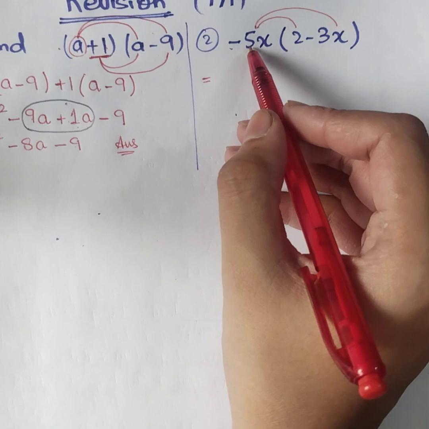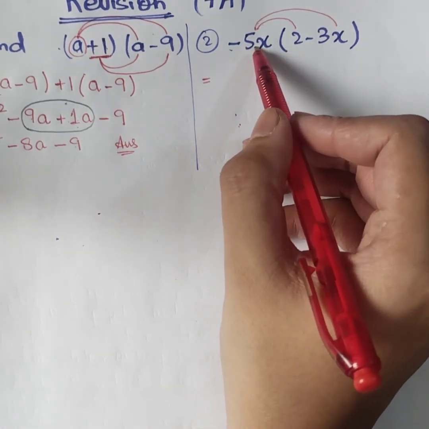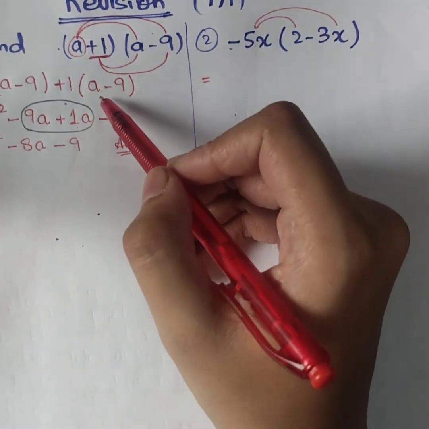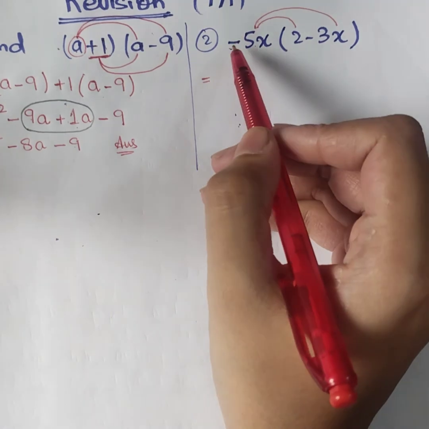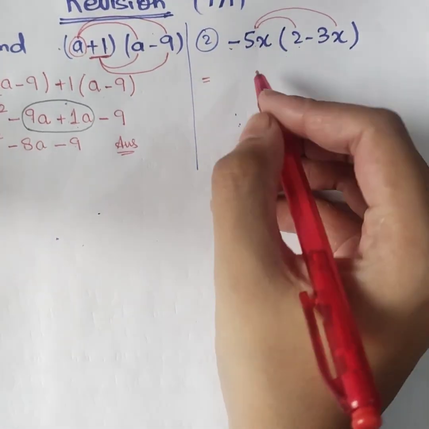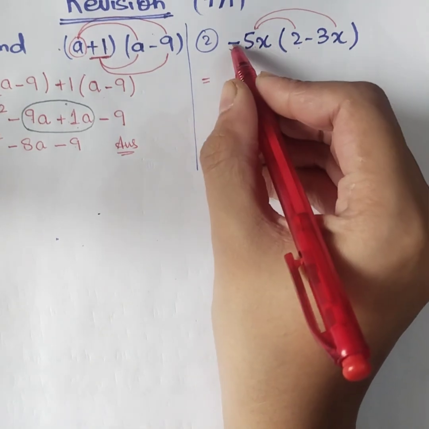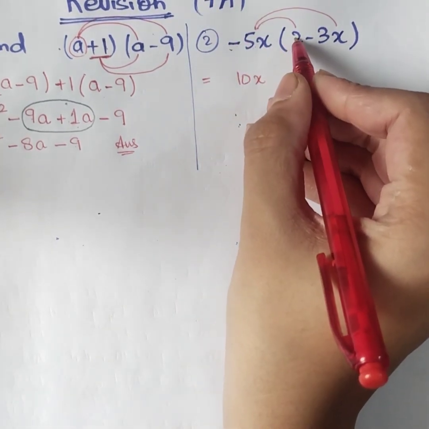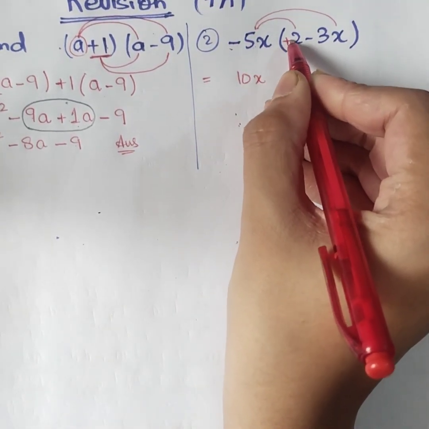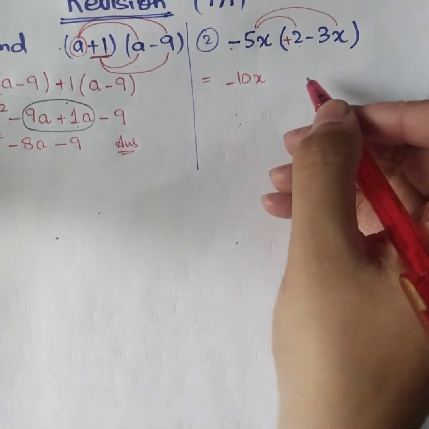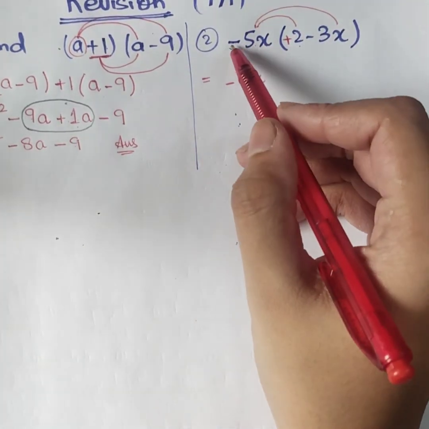So multiply, because there is only one term outside, so I'm not writing it like this, I'm just multiplying them. Minus 5x multiplied by 2, 5 twos are 10x, and here is minus, and with the 2 there is no sign, it means here is plus. Plus minus, it becomes minus 10x.